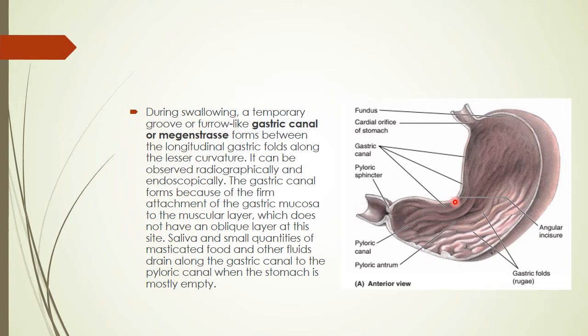The gastric canal forms because of the firm attachment of gastric mucosa to the muscular layer, which does not have an oblique layer at this site. Saliva, small quantities of masticated food, but mainly liquids, pass along this pathway through the gastric canal when they enter the stomach, and reach the pyloric opening.